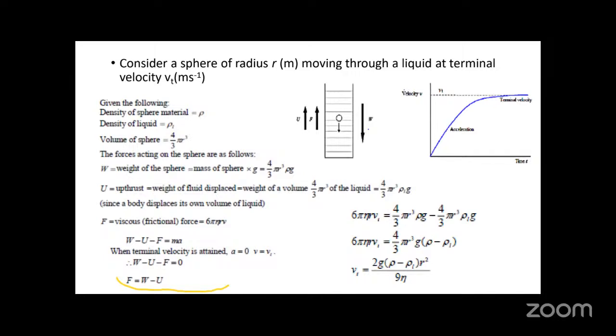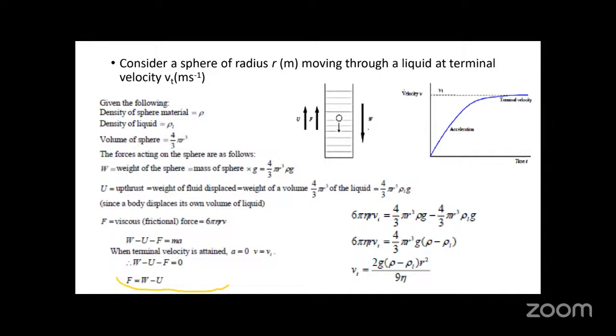Weight is equal to mg, that is mass times acceleration due to gravity. And if you recall, on Wednesday, we converted our mass to density times volume. So our weight becomes density, volume, and acceleration due to gravity.